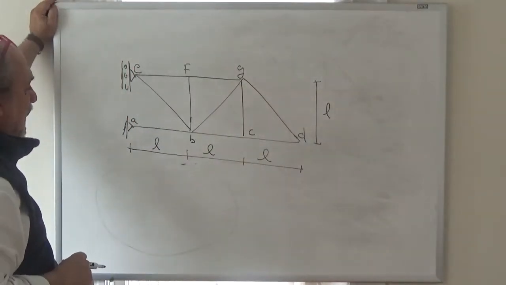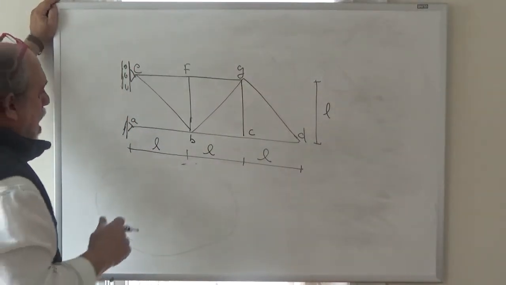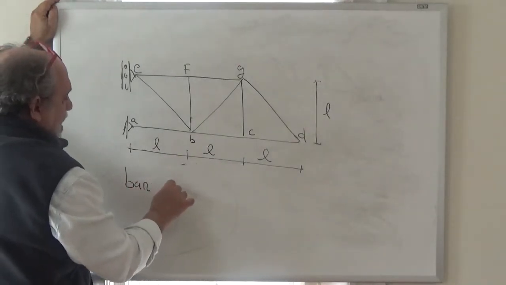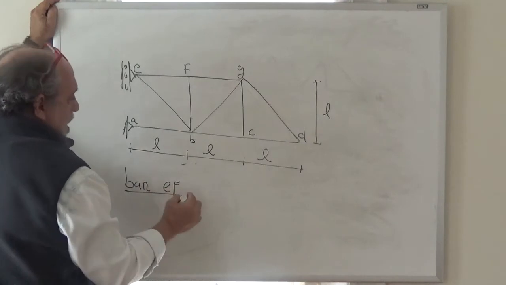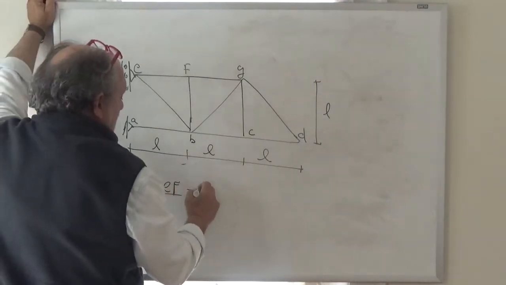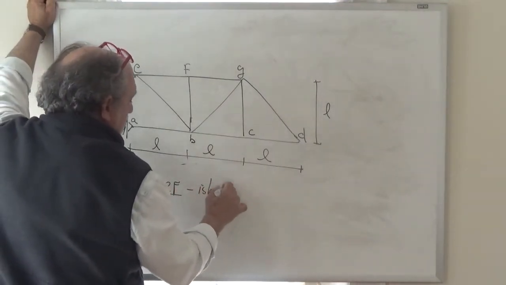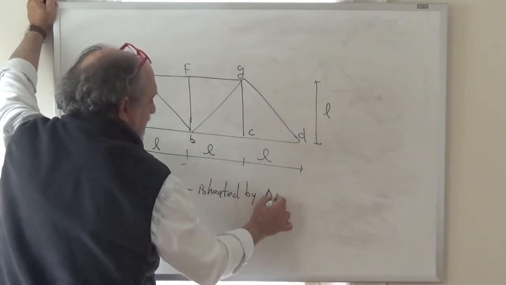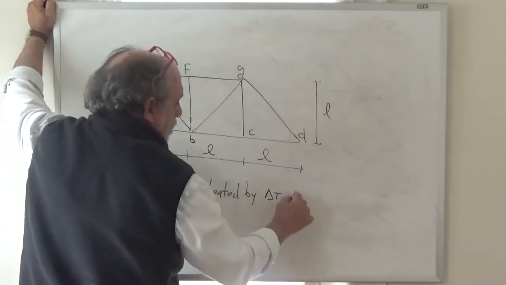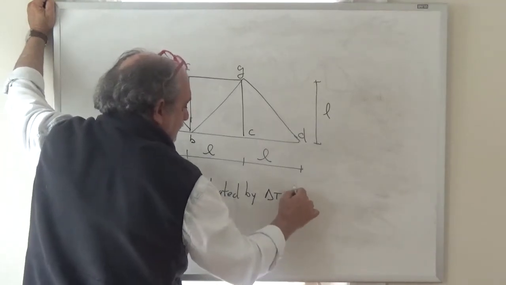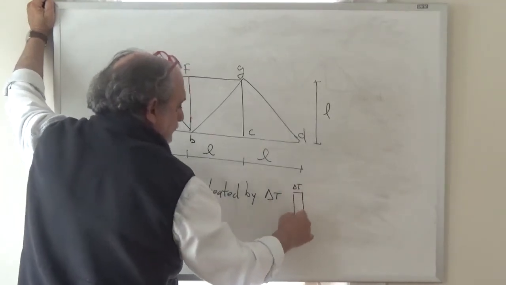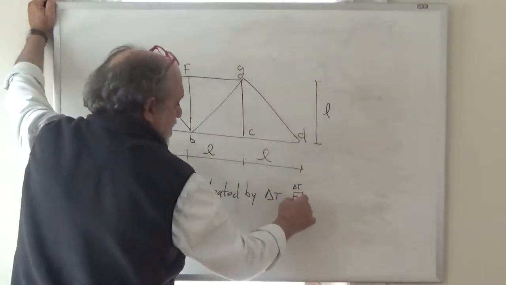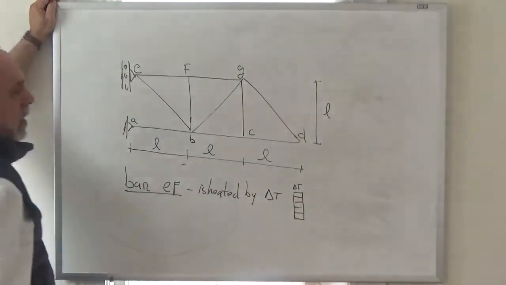We are going to say that bar EF is heated by delta T. So therefore there is an increasing temperature throughout the bar equal to delta T. Constant, uniform, as I said, is normally specified that way.